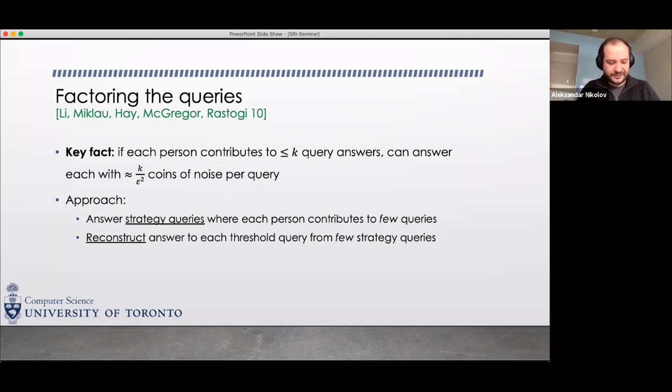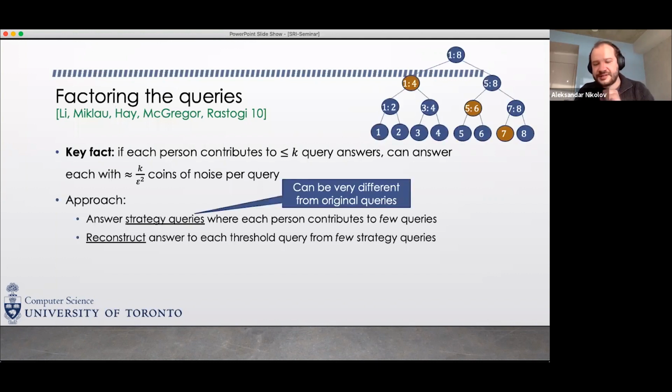So you apply a basic differentially private mechanism to the strategy queries, which are not the ones you care about, but you find a way to reconstruct answers to the queries that you do care about from these strategy queries. And a nice insight of Li, McGregor, and Rastogi, there's a picture here of how you do that for threshold queries.